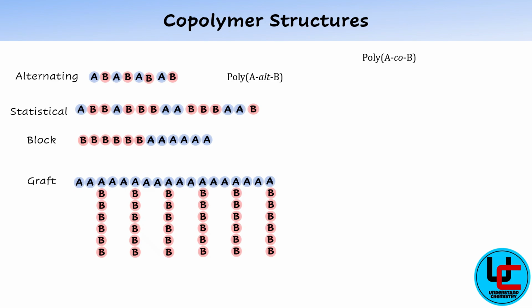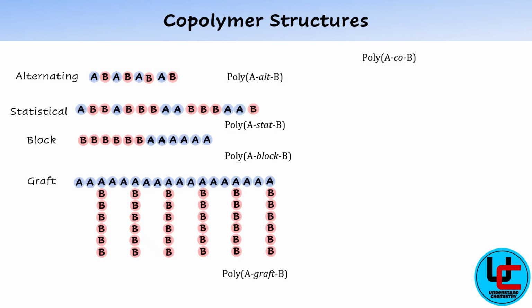For example, for alternating copolymer, we write poly(A-alt-B). For statistical copolymer, we write poly(A-stat-B). For block copolymer, we write poly(A-block-B). Similarly, for graft copolymer, we can write poly(A-graft-B).